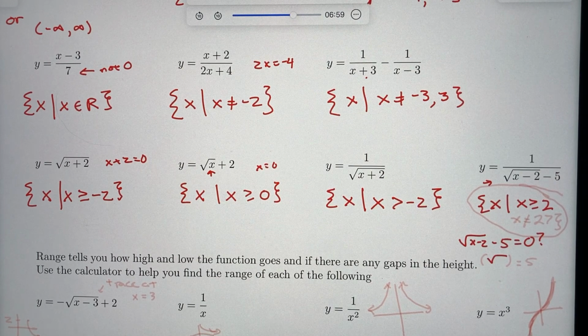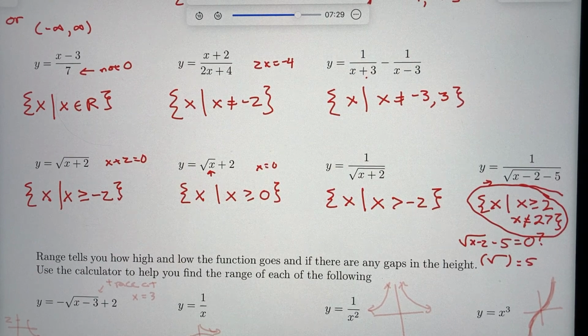When does the square root thingy equal 5? When the thing under the square root sign is 25, which means x minus 2 is 25. X can't be 27. That one takes a little thinking through. Okay, and again, if it's not the bottom thing that you wrote, please put a circle around it so that I know that's what you intend for the answer.